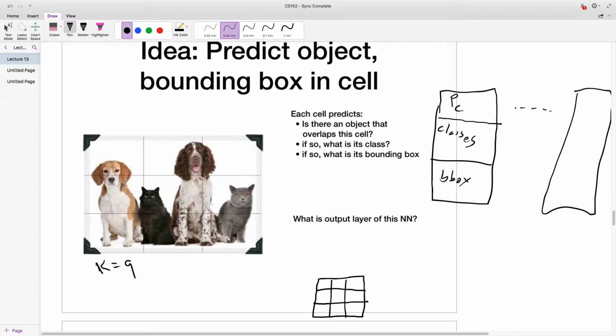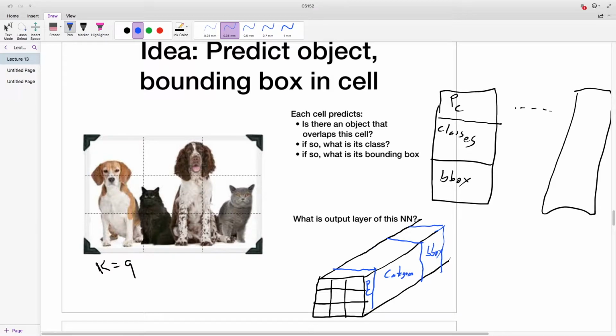Okay, so yeah, let's say this would be our PC, right? And then here could be all our categories. And then here, our bounding box. So yeah, this is 4 big, this is 1 big, and each of these categories is 1 for every category.